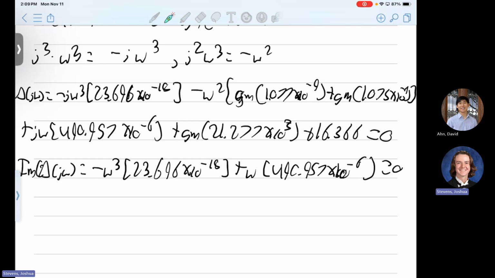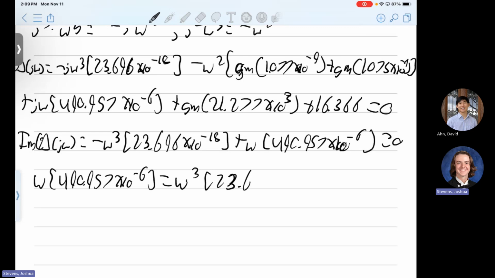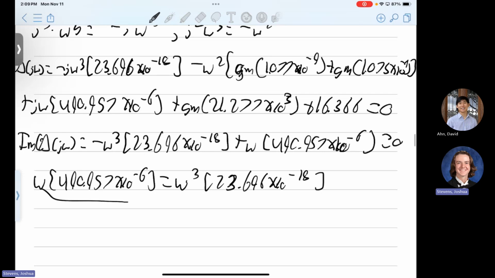So I'm going to move this over, where omega times 490.957 times 10 to the negative 6th equals omega cubed 23.696 times 10 to the negative 18th. Okay, divide this omega over there.